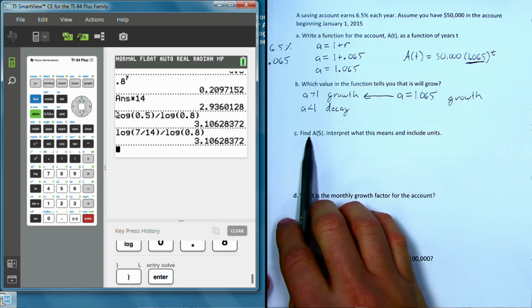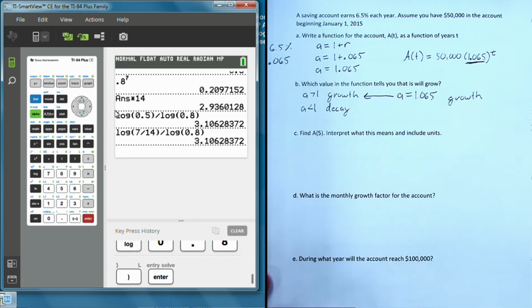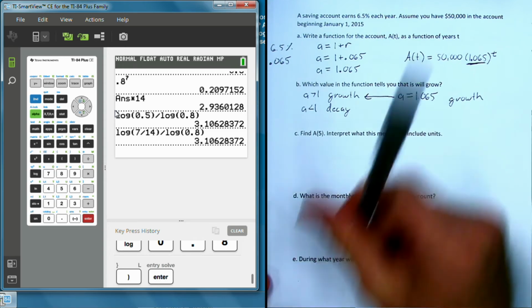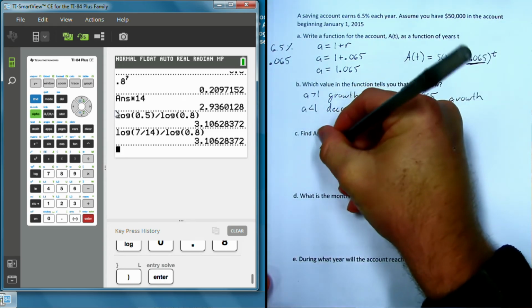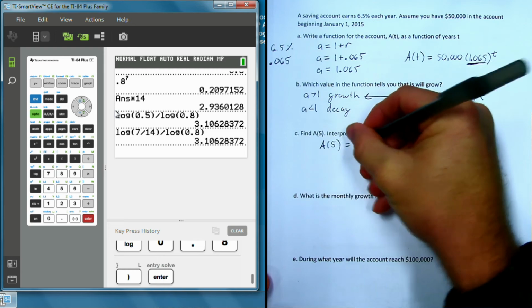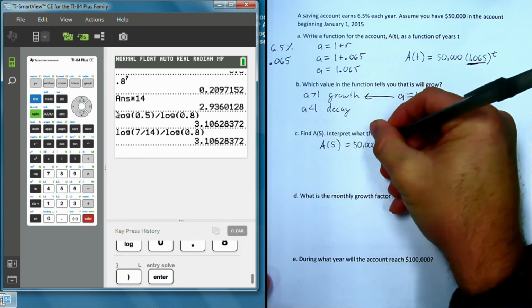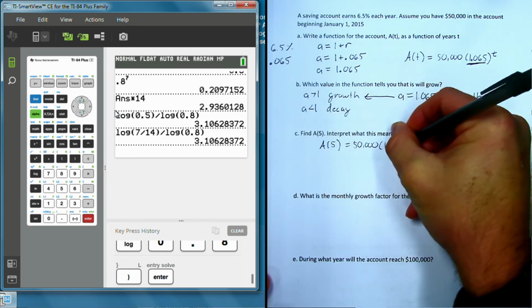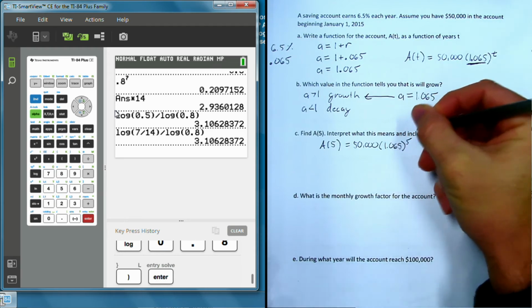Let's say we want to find A of 5 and interpret its meaning in units. So to compute A of 5, that's telling us to plug in 5 for t. A of 5 equals 50,000 times 1.065 to the 5th power.